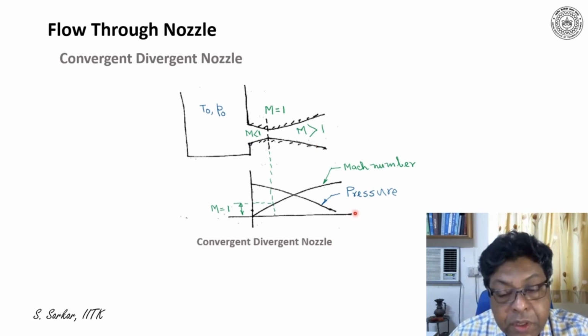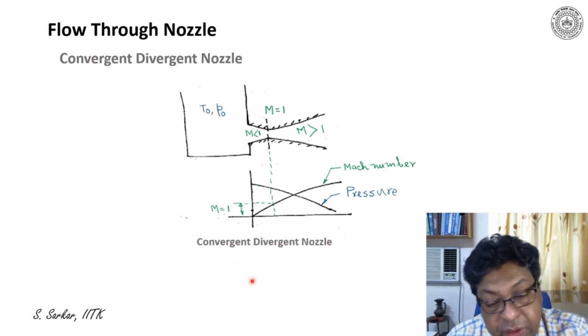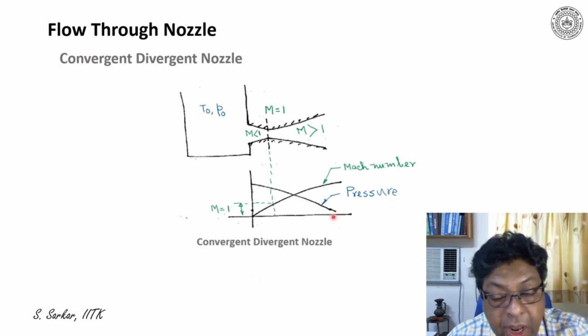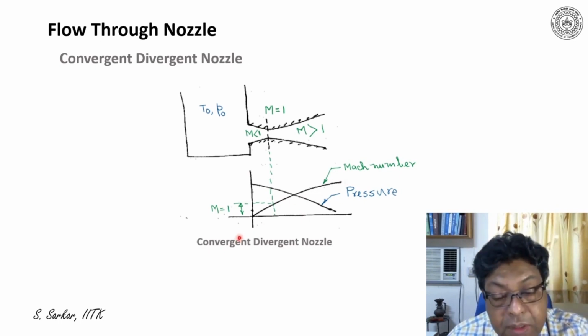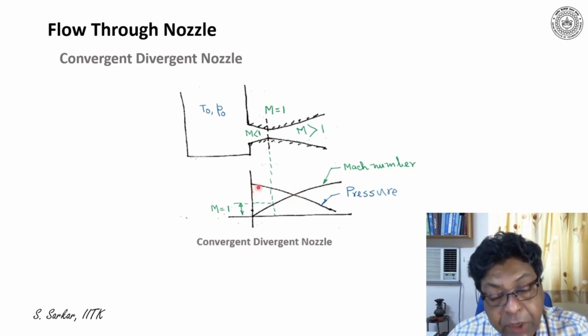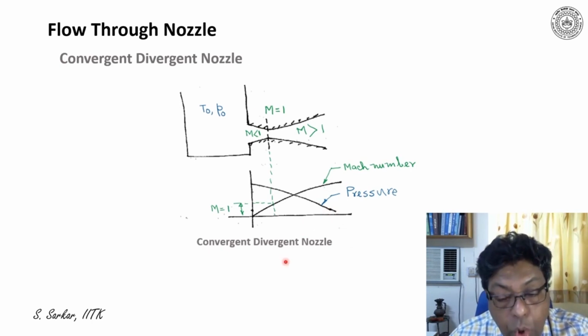Thus, I have plotted here for the design exit pressure the distribution of pressure within the nozzle and the distribution of Mach number. One can see the Mach number is continually increasing while the pressure is continually decreasing in the nozzle, and at the throat Mach number becomes 1.